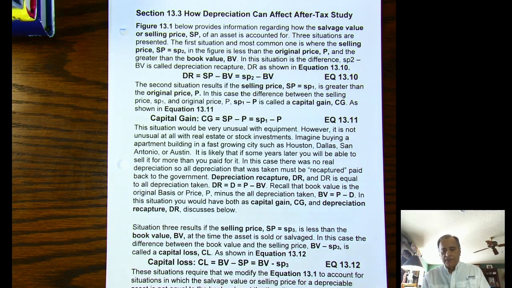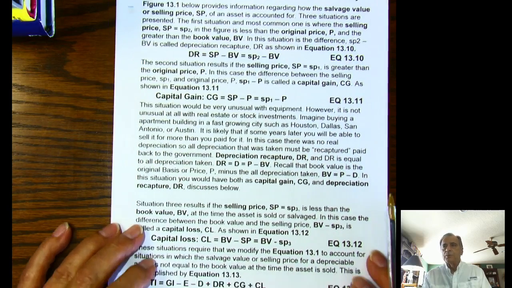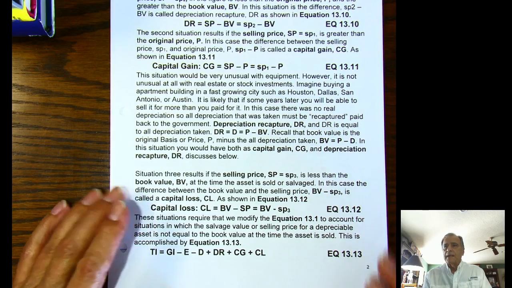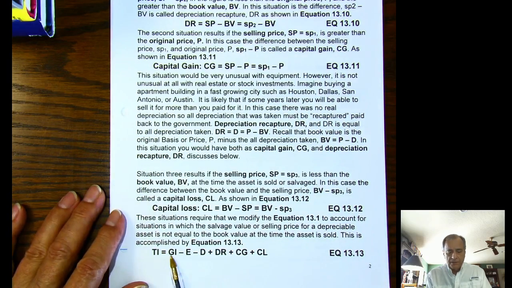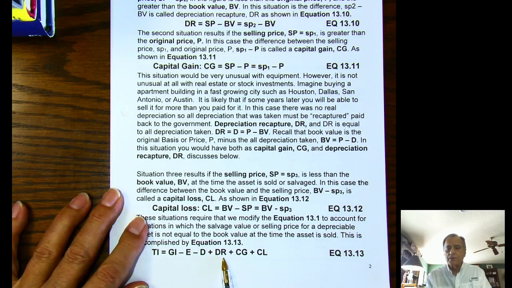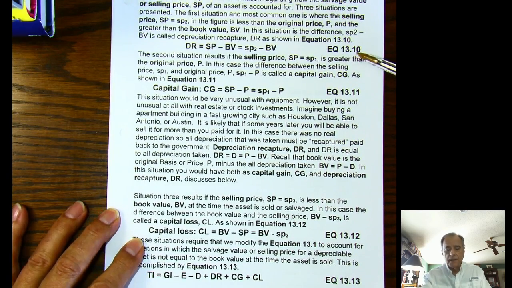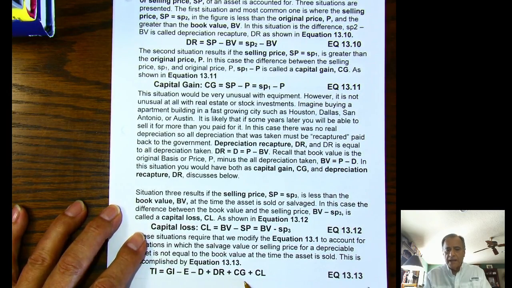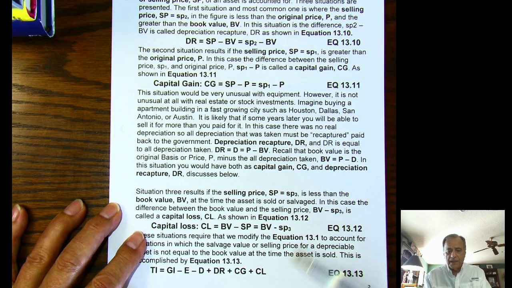Well, now we have to add in two more items to that. Starting with gross income minus operating expenses minus depreciation, we add in depreciation recapture, that's equation 10. We add in capital gain, equation 11, or we add in a capital loss.